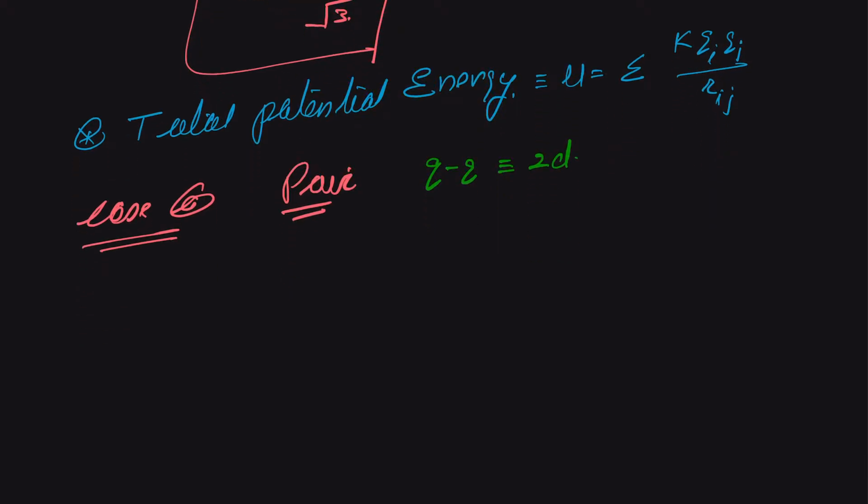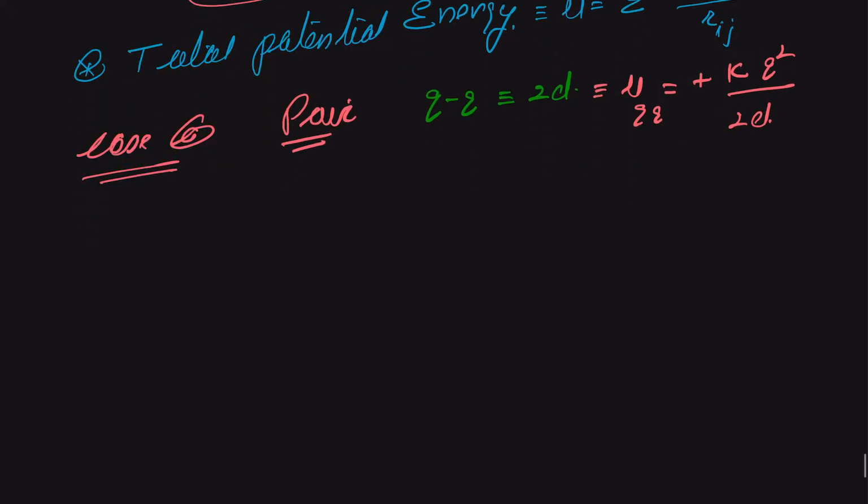And therefore we can say that U_QQ will be equal to plus k q square upon 2D. And then we have two pairs of this capital Q and small q, and the distance between them is d.